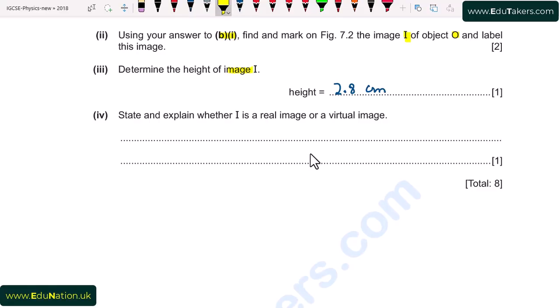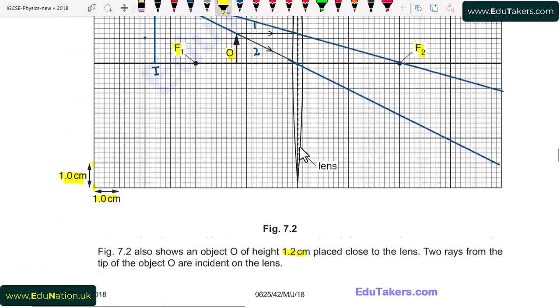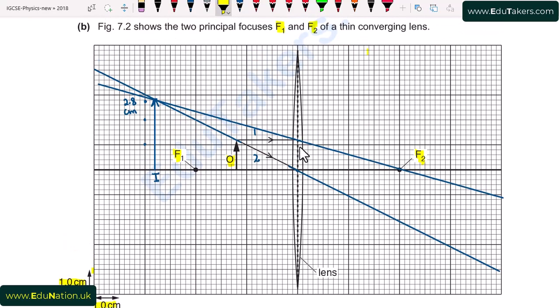centimeter. Part 4. State and explain whether I is a real image or a virtual image. Here we have to describe whether the image formed by the thin converging lens is real or virtual. Going back to the figure, we can see that the rays do not meet at a point. We extend them in the backward direction and then they form the image.